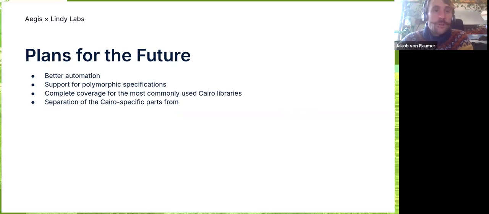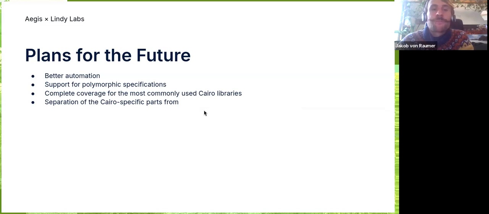Yeah, as I said, more automation. We want to have polymorphic specification. And we've not completed this verification for the Cairo standard library, and we've also not tackled the verification of some of the other libraries that are very commonly used in the crypto space. And then I forgot the last bit of the last bullet point.